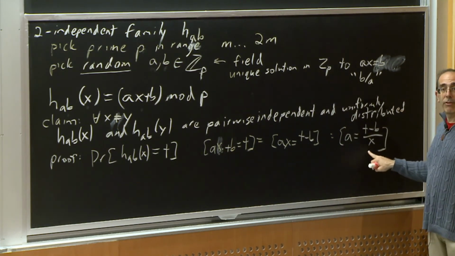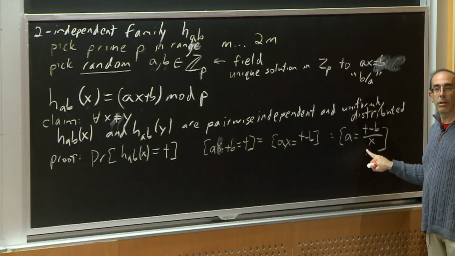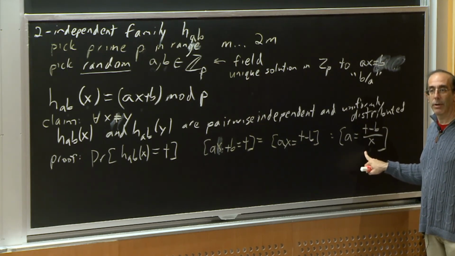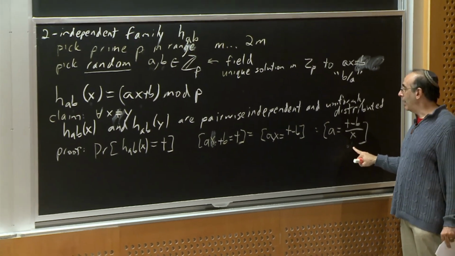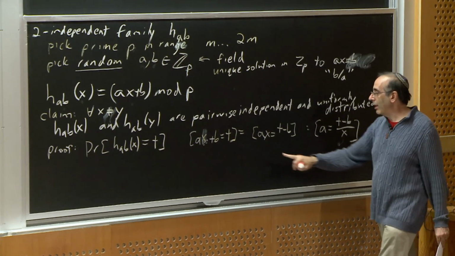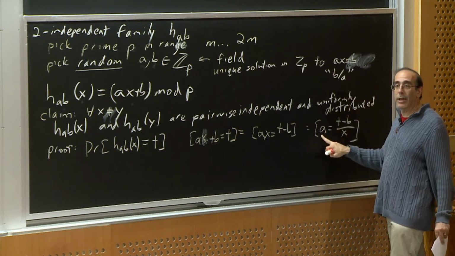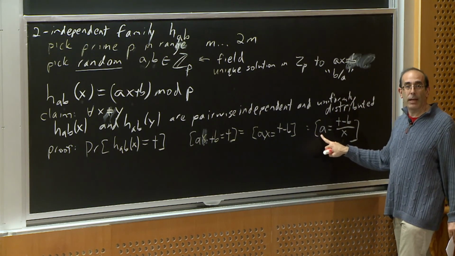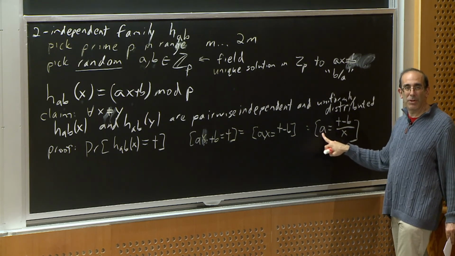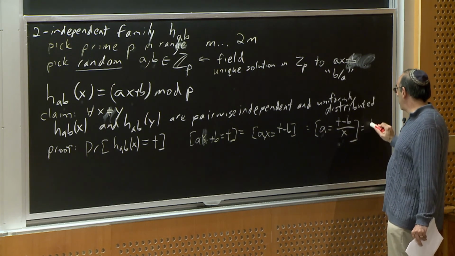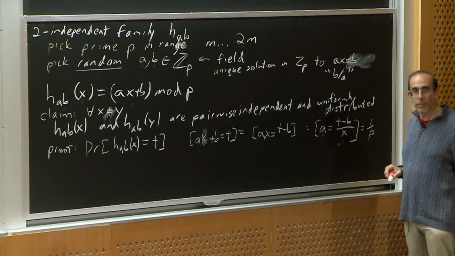And so here is the first place that I'm using division modulo p. This is a unique value in the range from 0 to p. And the only way that you end up with a particular value for the hash function is if you pick the appropriate value of a. And since I'm picking a randomly in the range from 0 to p minus 1, this is just equal to 1 over p.